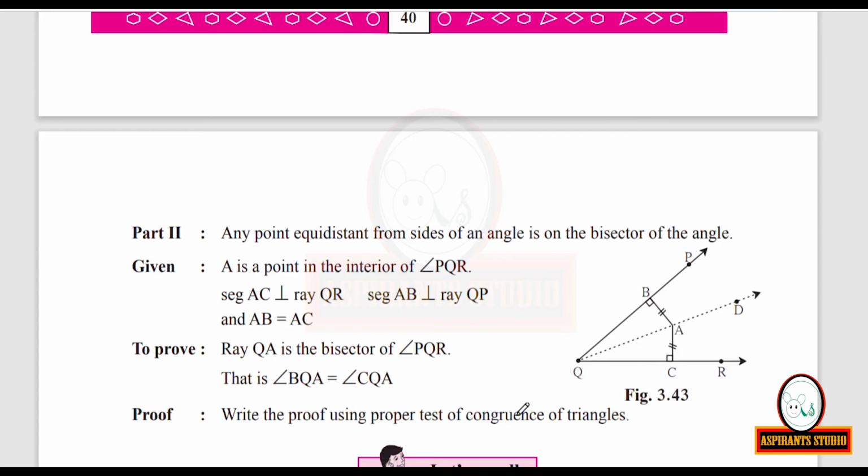The next line you write side AB is congruent to side AC. Within brackets, given.